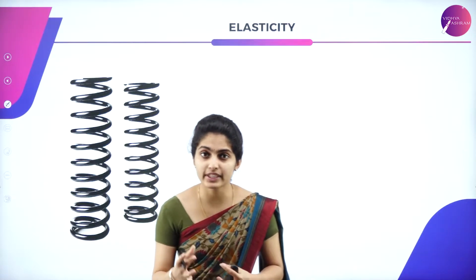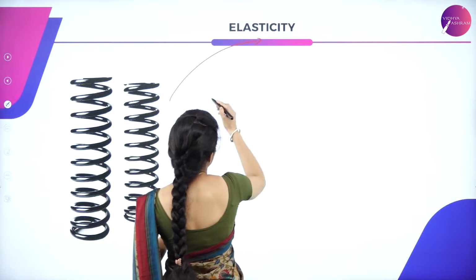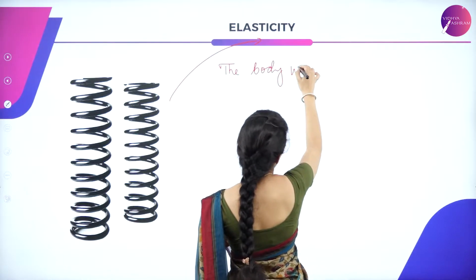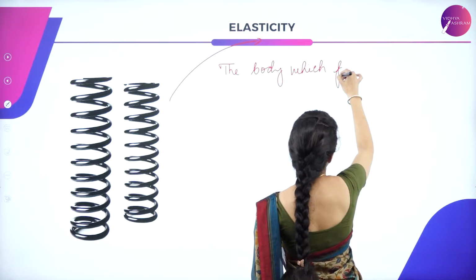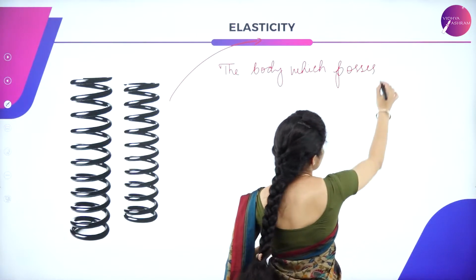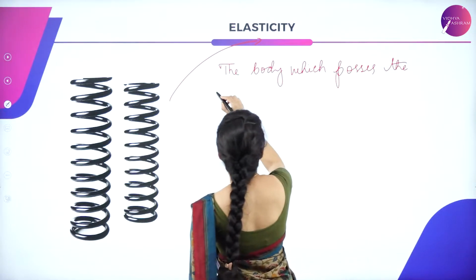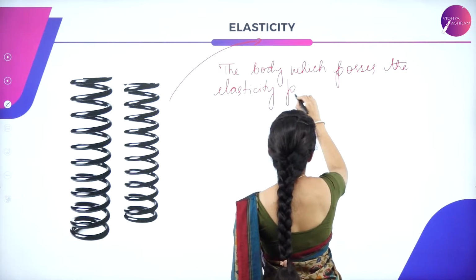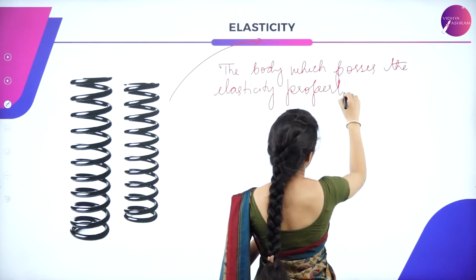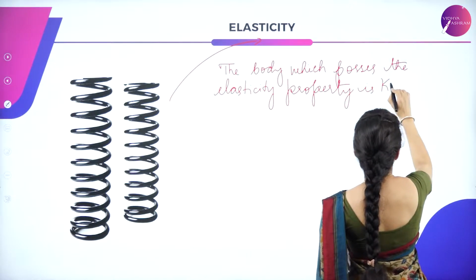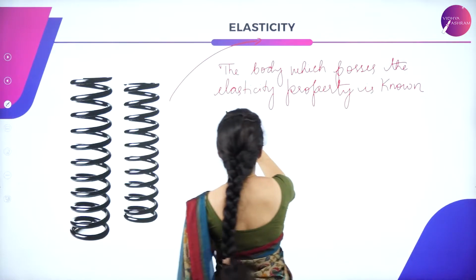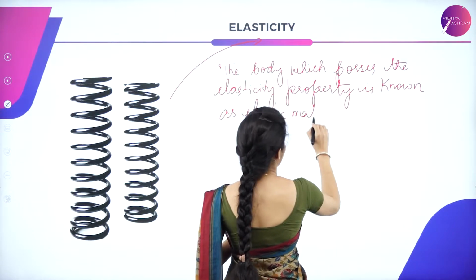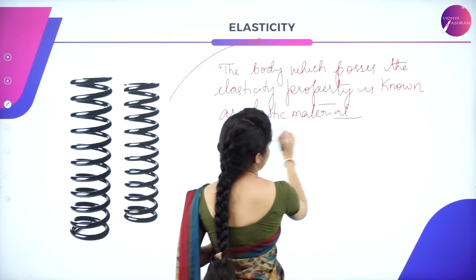Such kind of a property is said to be elasticity, and the body which possess the elasticity property is known as elastic material.